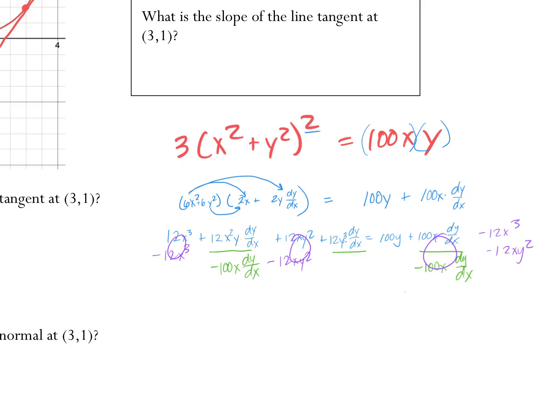Everybody good? So I have dy/dx out front, with my 12x squared y, my 12y cubed, and my minus 100x on the left, equals 100y minus 12x cubed minus 12xy squared.